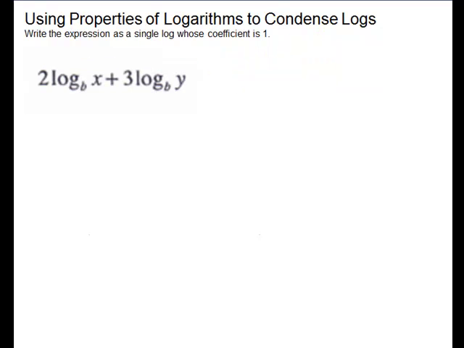This expression has coefficients that are not 1. So we will reverse the power rule and put those back up as exponents. So this will be log base b of x squared plus log base b of y cubed.